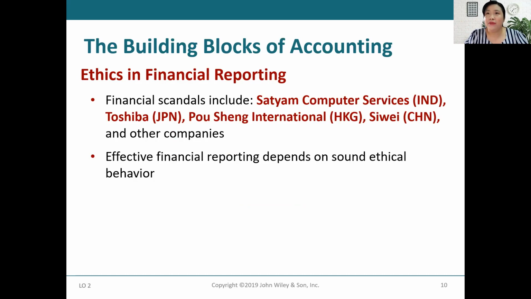For example, if the company has a loss, but the accountant makes the financial report and it shows that the company has a profit, then that is not ethical. The accountant did not follow the standards or the principles. So the ethics in financial reporting are very important.